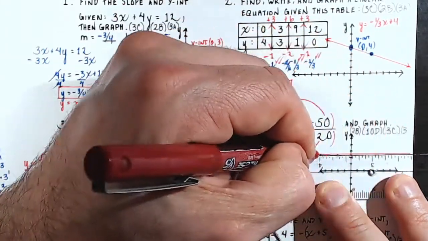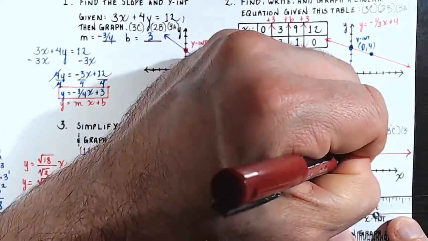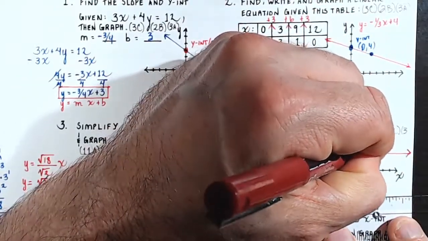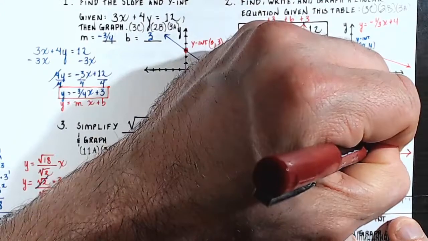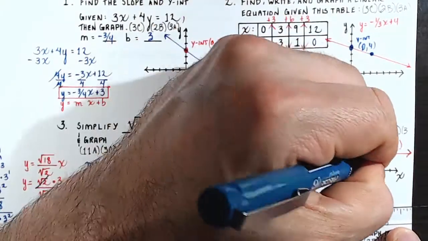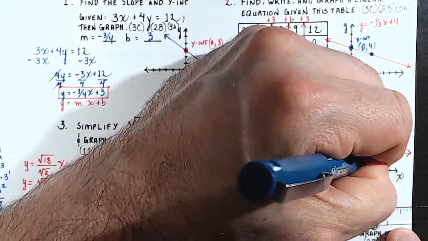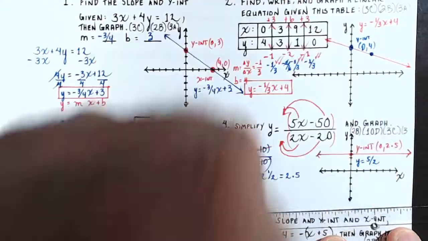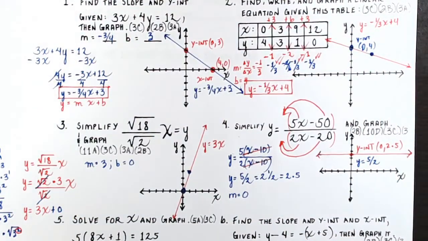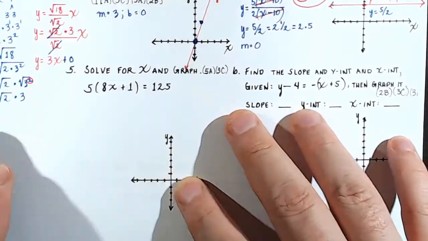And I just draw a line through it, right there. And the y-intercept would be 2.5. That would be 0, 2.5. And the equation itself is just y equals 5 over 2, or 2.5. And that's number 4.